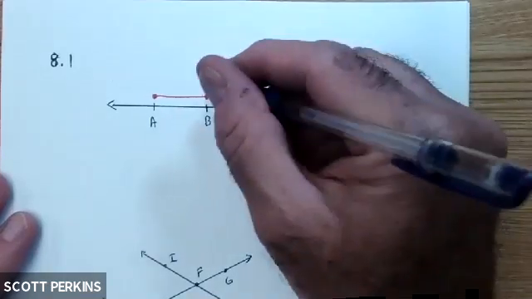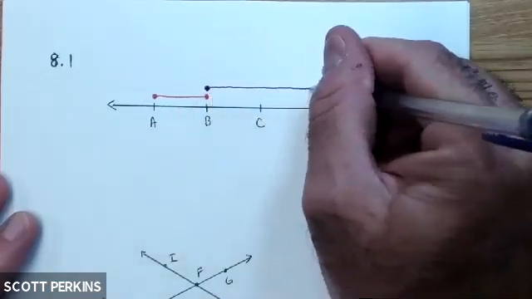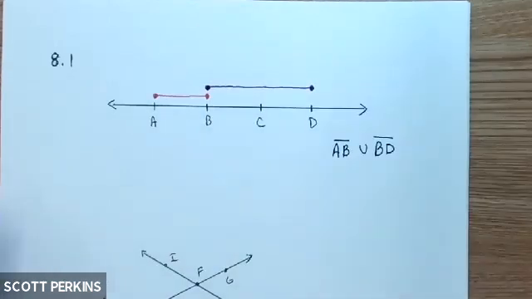It starts at B and then goes all the way over to D. So if I join those two things together, if I union them, so that means I'm smushing it all together. What do I have when I union those together?